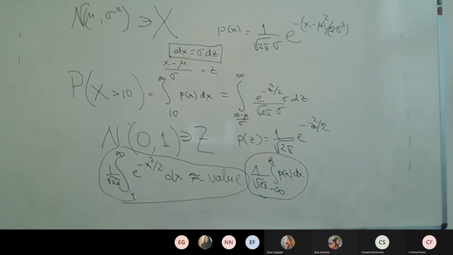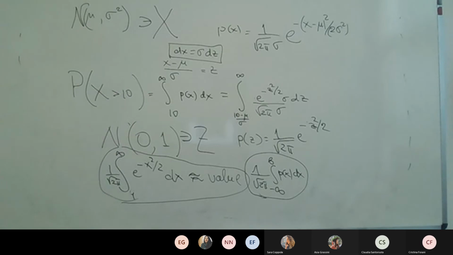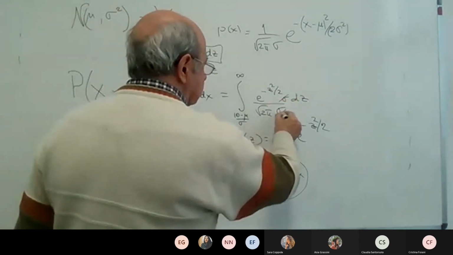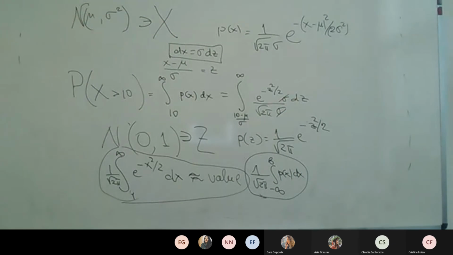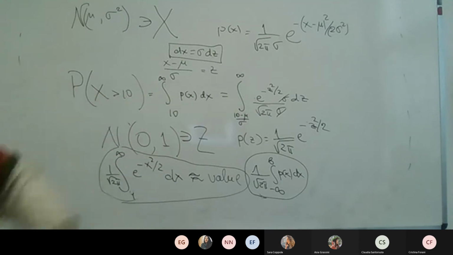So after changing variables, we replace our integral by the following one. And you see the magic cancellation, sigma with sigma. Actually here we have our standard normal distribution with e to the power minus zeta squared over 2.